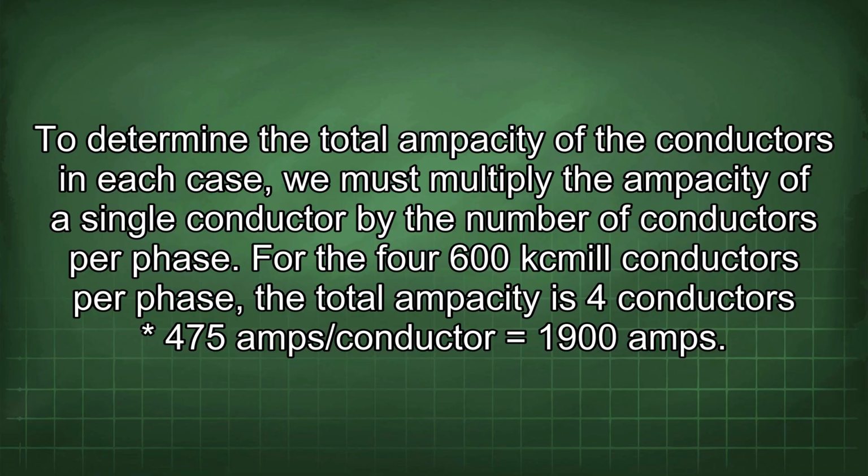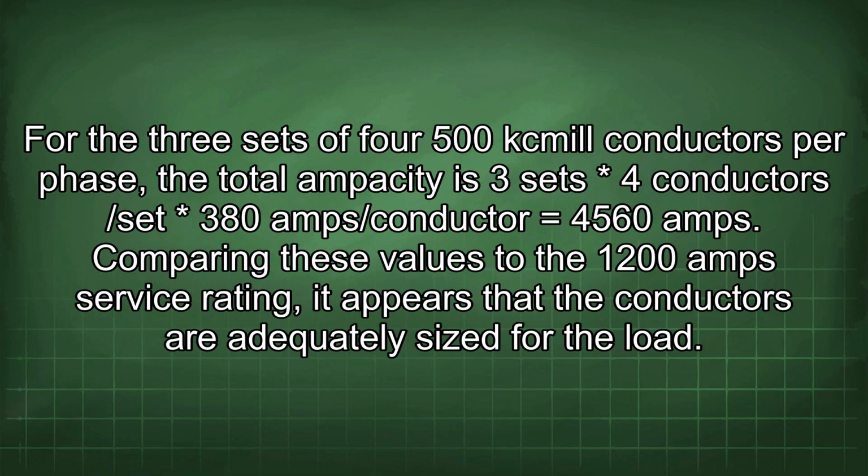For the 4 600 kcmil conductors per phase, the total ampacity is 4 conductors * 475 amps per conductor equals 1900 amps. For the 3 sets of 4 500 kcmil conductors per phase, the total ampacity is 3 sets * 4 conductors per set * 380 amps per conductor equals 4560 amps.